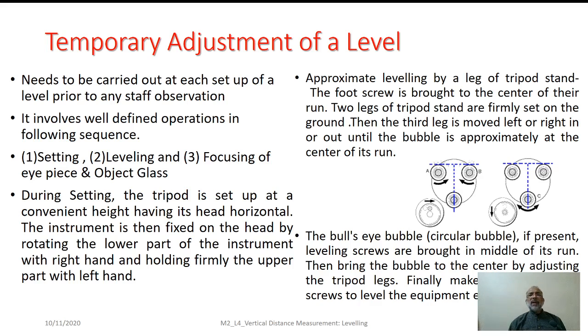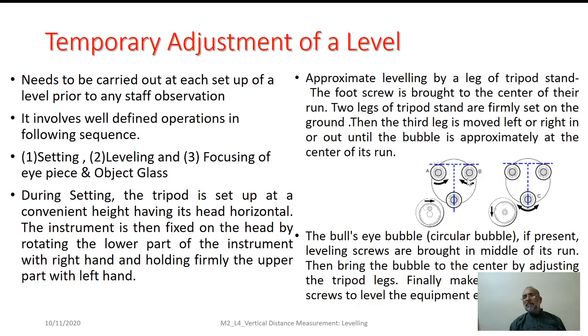Sometimes some of the equipment is provided with just a pond level or circular bubble tube, as it is called. This can be brought to its center the way represented in this figure.